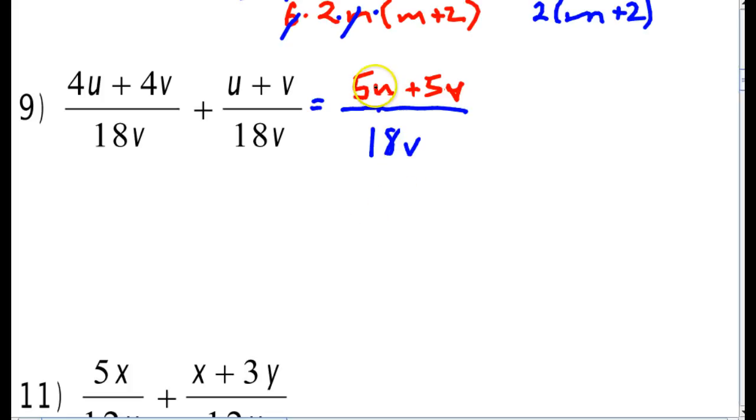Good. How do we get 5u and 5v? Well, I have 4u and I have one more, that's 5. I have 4v and I have one more, that's 5. So that's how I get that.